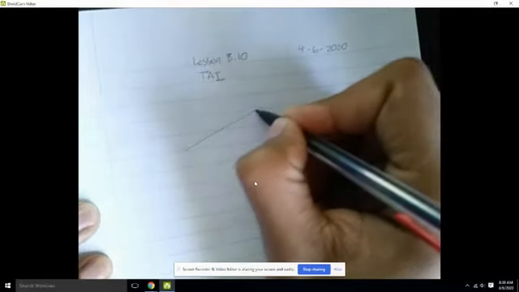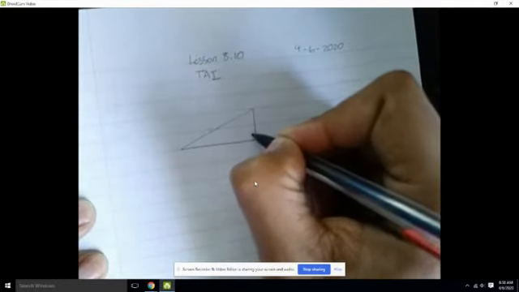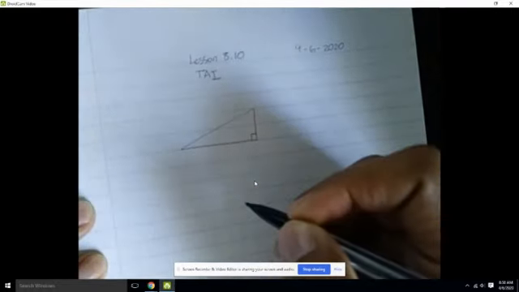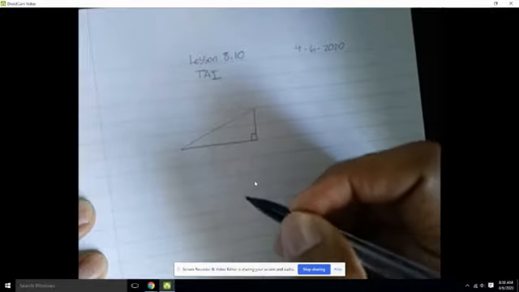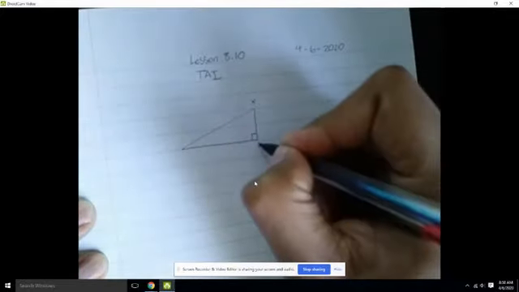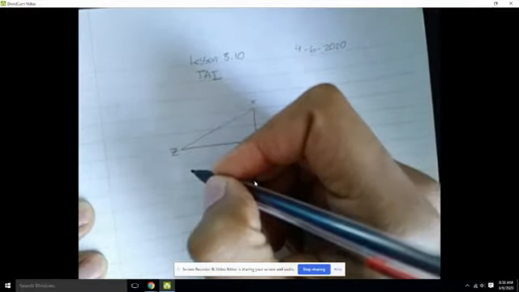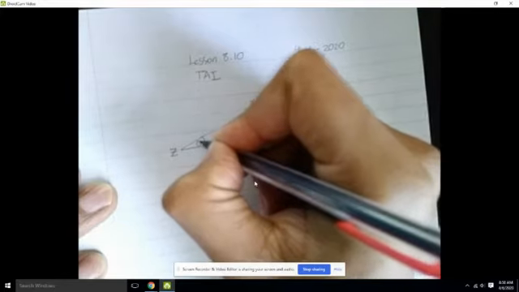Okay, so as usual, let's start with our triangle. It's X, Y, Z, and we're supposed to find this angle. Let's call this angle theta.